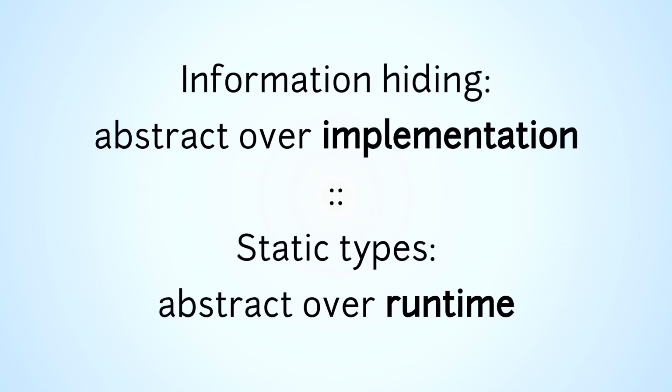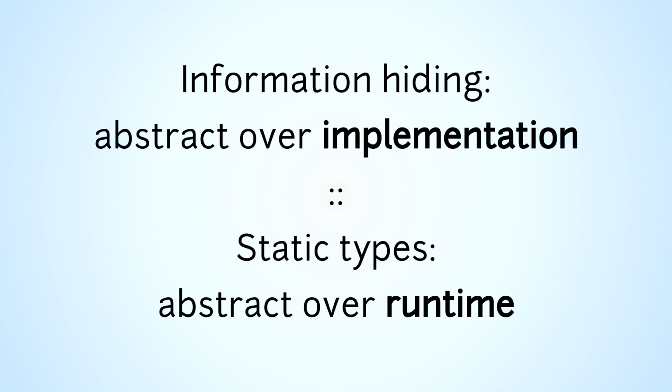And the other thing that is very relevant for static types specifically is that they give us a different way to abstract over the systems that we're building, right? As programmers, I think we're all very familiar with building code abstractions that abstract over implementation details, right? So information hiding.